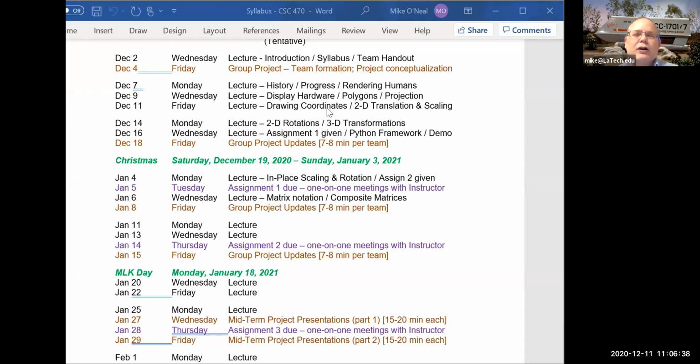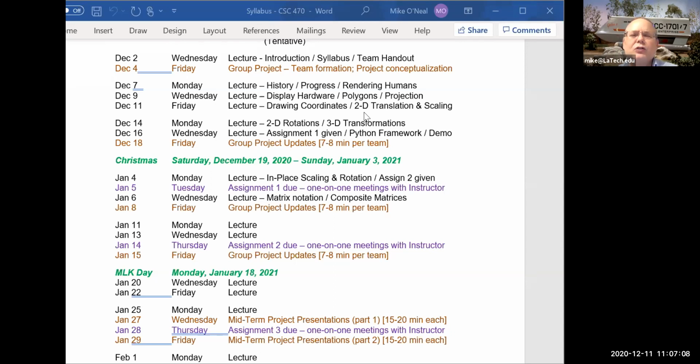Today, we're going to talk about drawing coordinates. Basically, what that means is getting from our projected imagery, how are we going to get that onto display hardware? There's a little step we're going to have to do there. And then we'll go on and start talking about the major things that you can do with two-dimensional objects. To start with, the transformations, and there are three main transformations.